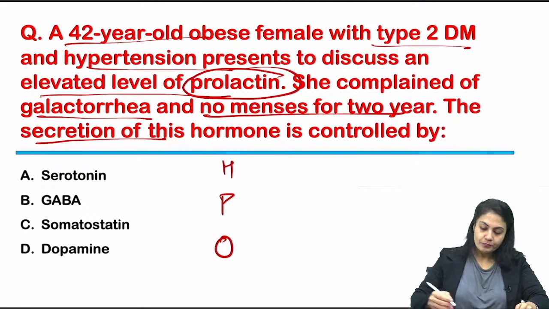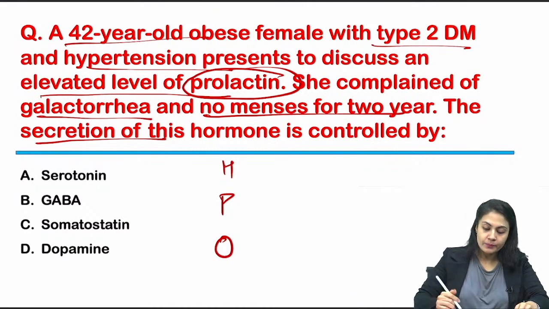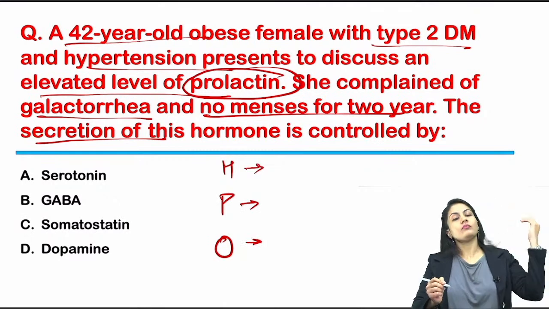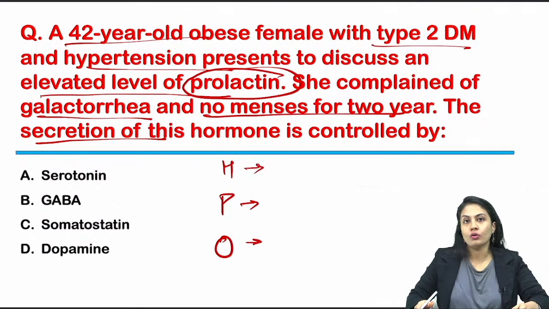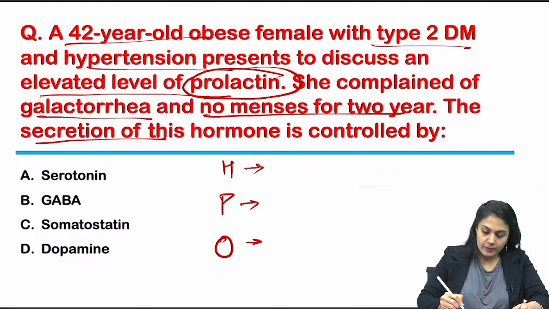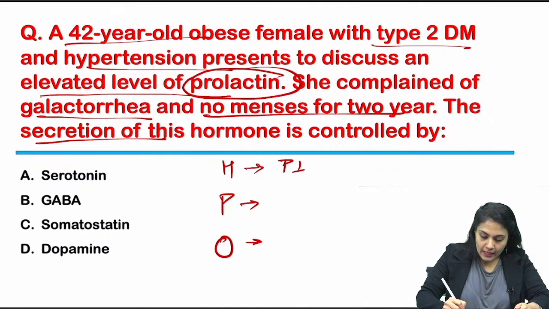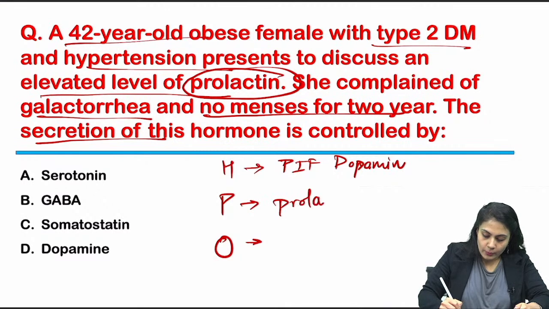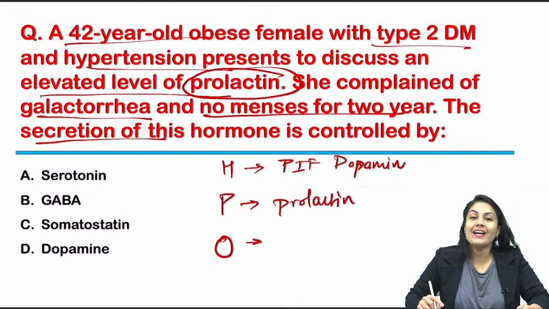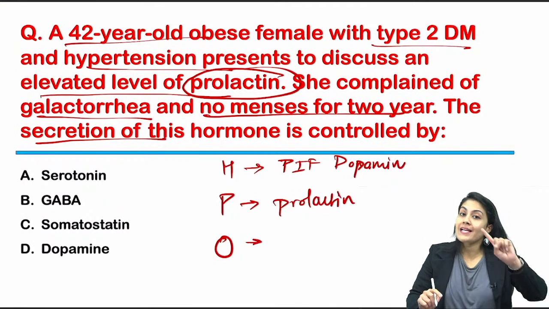Dopamine, right. Please remember that the release of prolactin follows the hypothalamic-pituitary axis. Now understand, the hypothalamus releases PIF or dopamine, which is going to control the prolactin. Prolactin is released from lactotropes, which are also acidophilic cells.